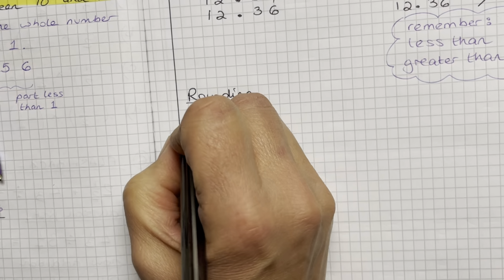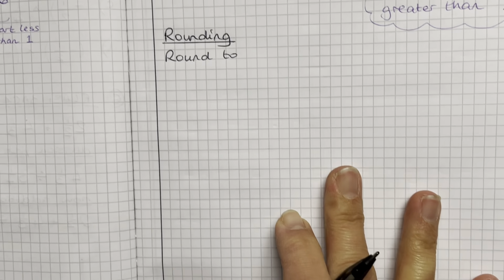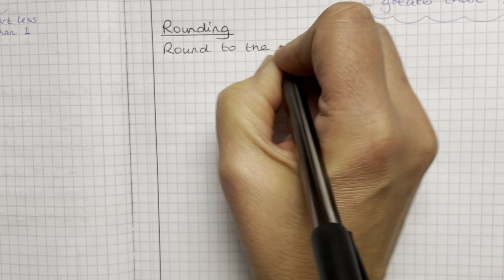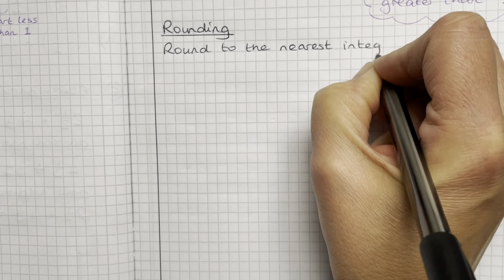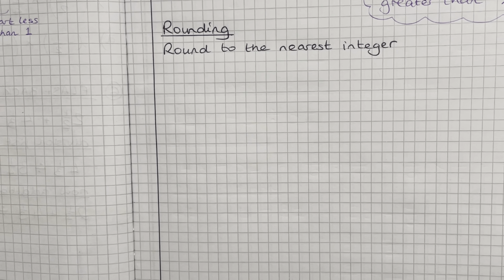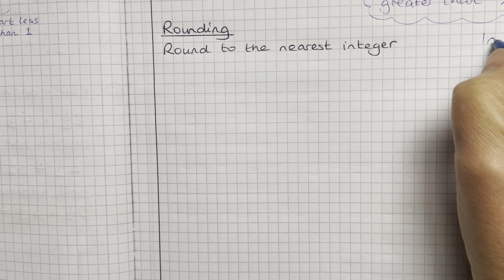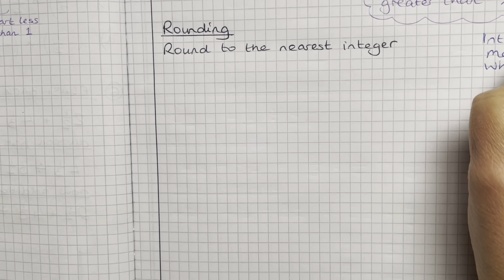All right, we're going to round. At this stage, we're just going to round to the nearest integer. If we need a little bit of a reminder, integer means whole number.